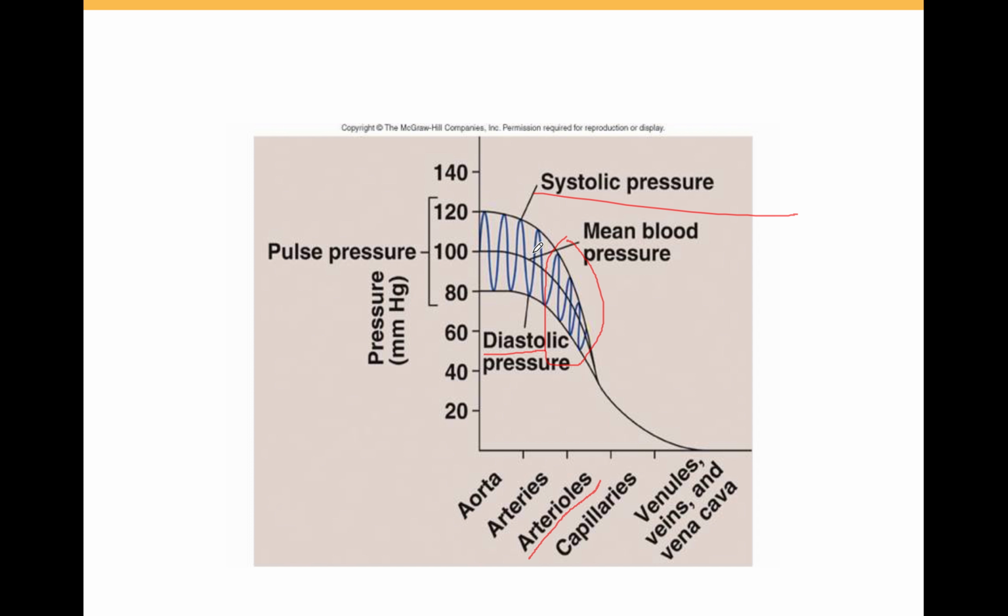Now, the second thing I also mentioned, but to review, when I talk about drop in pressure or creating high resistance, we're talking about arterioles. But if I talk about velocity, how fast blood passes through your blood vessels, which is not present on this chart, the lowest velocity would be inside your capillaries, because that's where the exchange happens.